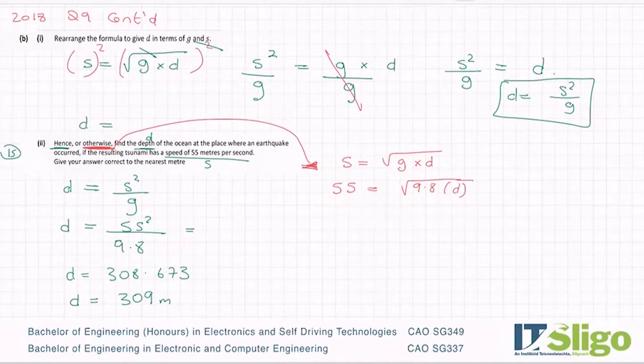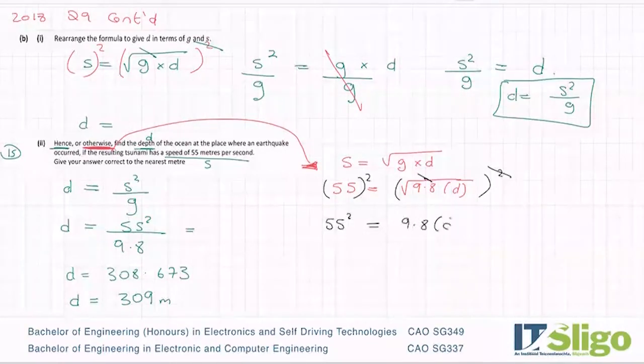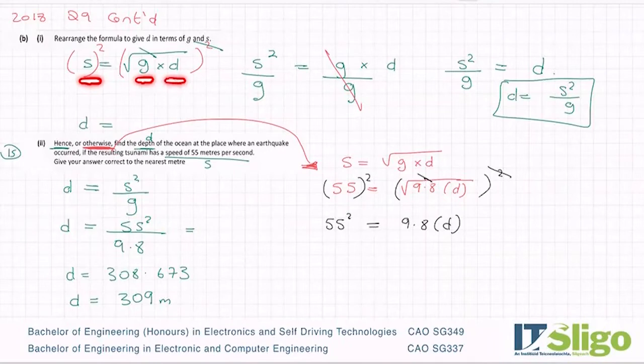I'm going to square both sides to get rid of that square root sign, just like we did before. So now S squared, 55 squared, is equal to 9.8 by D. Then I'm going to divide both sides by 9.8.